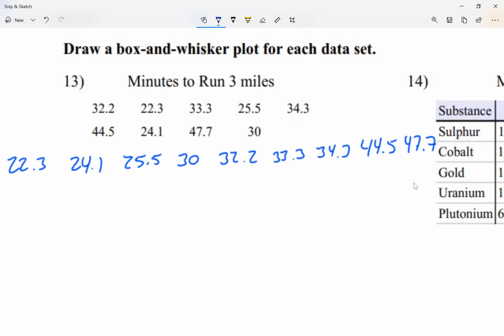So let's see, I have 1, 2, 3, 4, 5, 6, 7, 8, 9 numbers. Supposed to be 9. Okay, good.